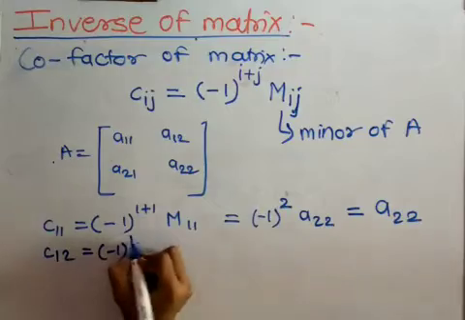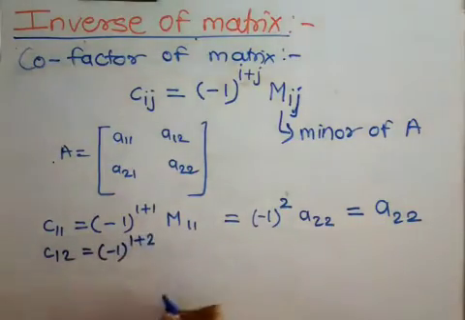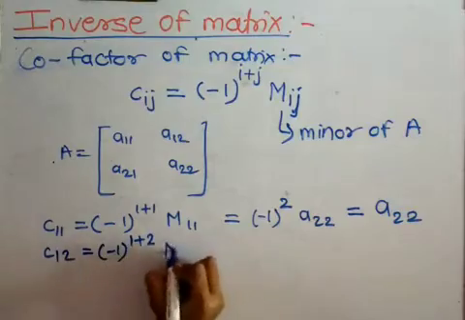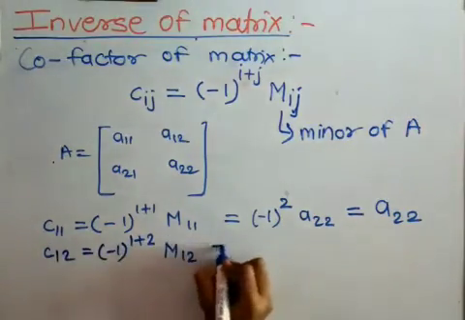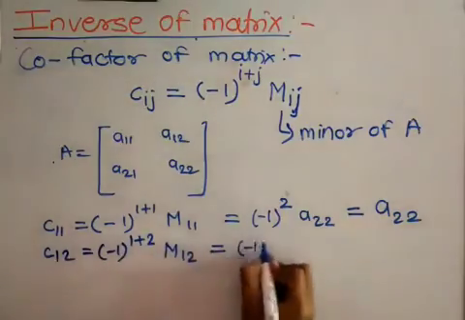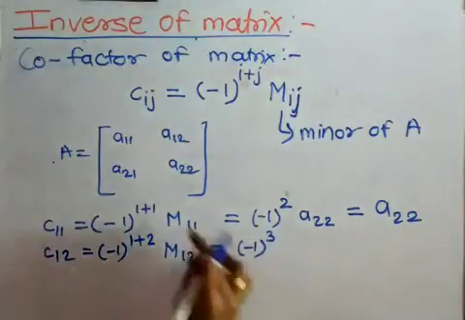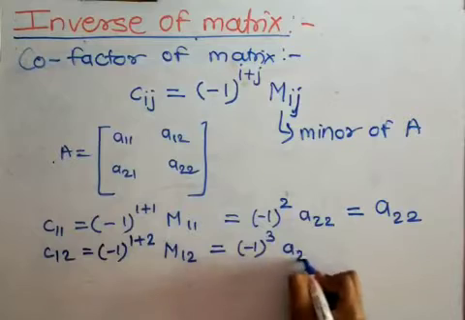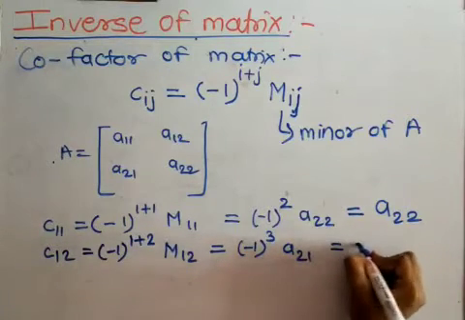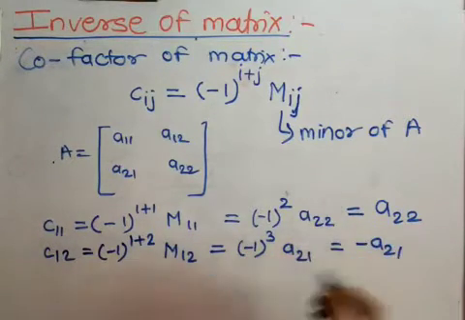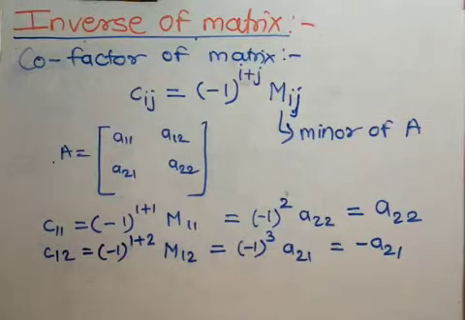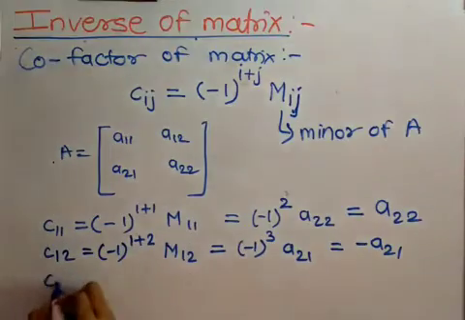Okay. Same as it is for C12. The formula will become minus 1 raised to 1 plus 2 into M12. So minus 1 raised to 3, and from neglecting the first row and second column we get A21. So we get minus A21. Why? Because minus 1 raised to 3 is minus 1. Okay. So next C21.